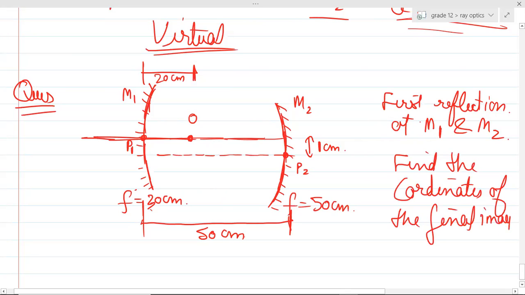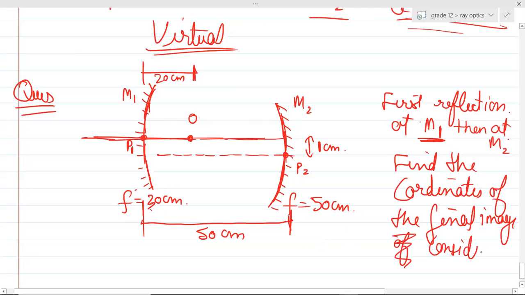Obviously, I've given only two: first reflection at M1, then at M2.